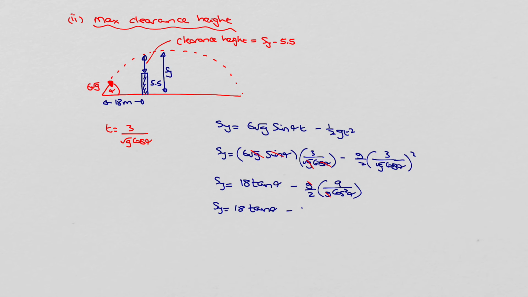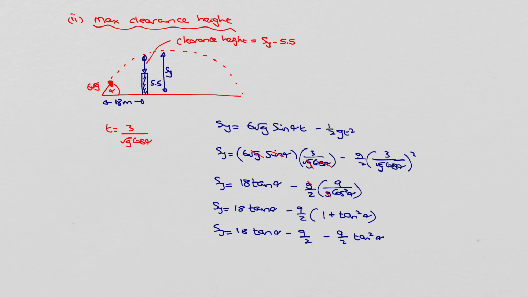So that's minus 9 over 2 times 1 plus tan squared alpha. In other words, we have 18 tan alpha minus 9 over 2 minus 9 over 2 tan squared alpha. So now we have an equation to represent SY at the point where it is clearing the wall.